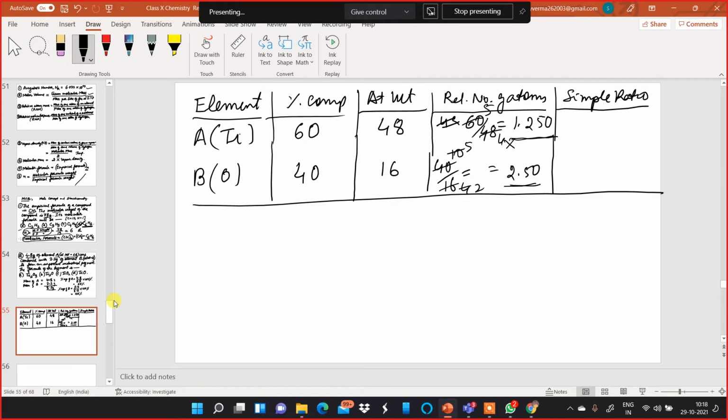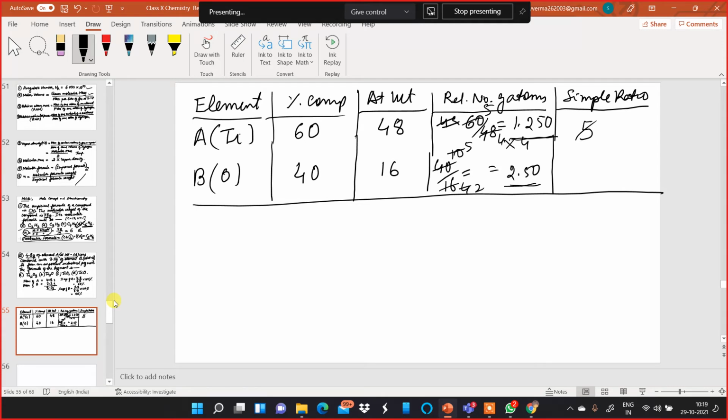If I multiply 1.25 by 4, how much do I get? Do I get 5? Yes, sir. But if I multiply 2.5 by 4, will I get a whole number? No, I will not. So I cannot multiply it by 4. So what is to be done over here?